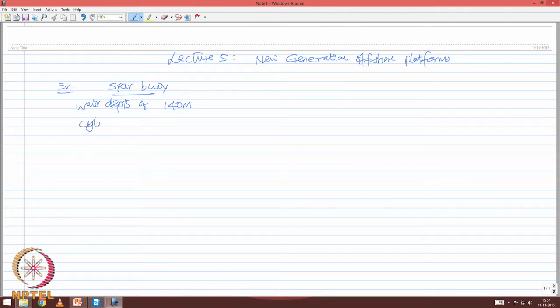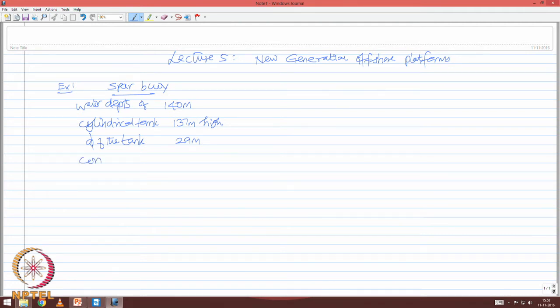It has a cylindrical tank (137 meter high). The diameter of the tank, let us say, is 29 meters.